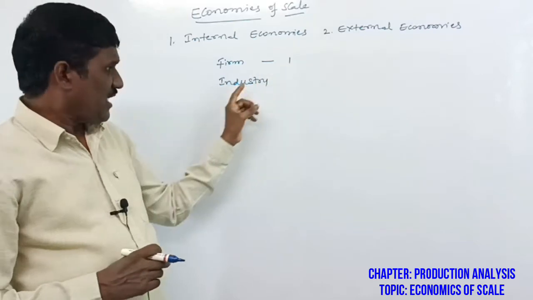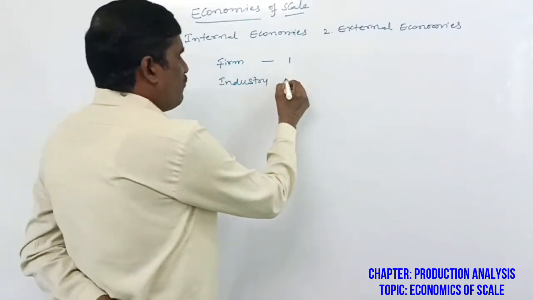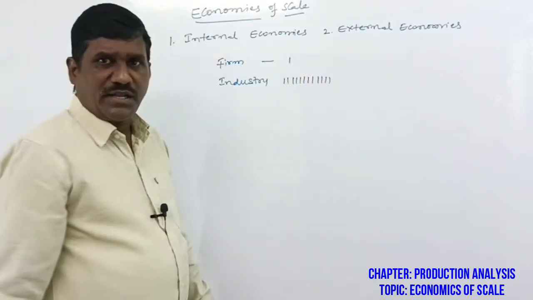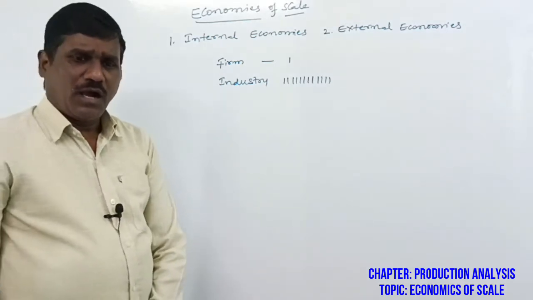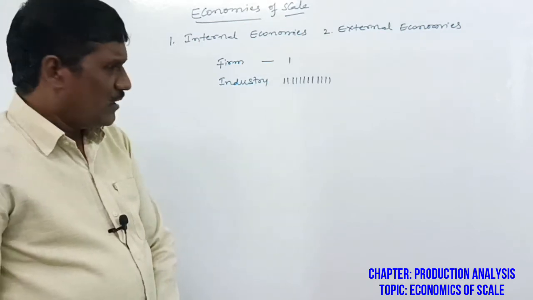Second one, industry. What is the industry? The number of firms is called an industry. Don't you understand? The number of firms is called an industry.